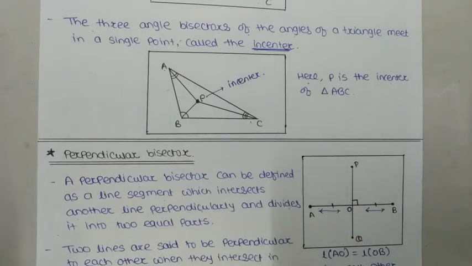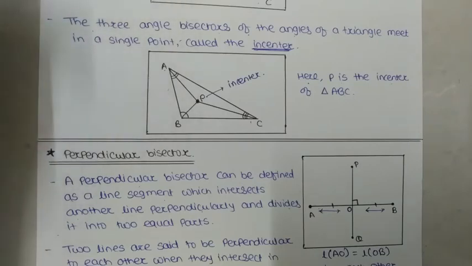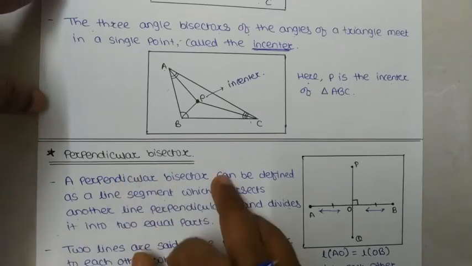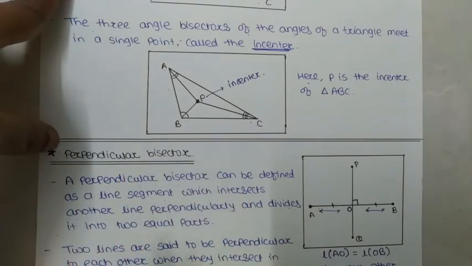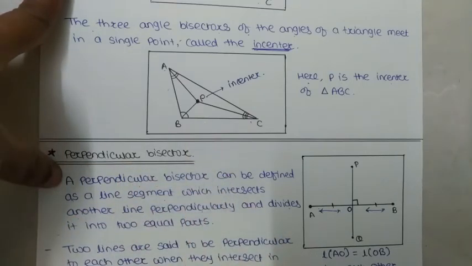So draw a perpendicular line so that the distance of segment OA is equal to the distance of segment OB. This is called a perpendicular bisector. Bisector means equally divides, the line segment is divided into equal parts, and perpendicular means we form a 90-degree angle there.